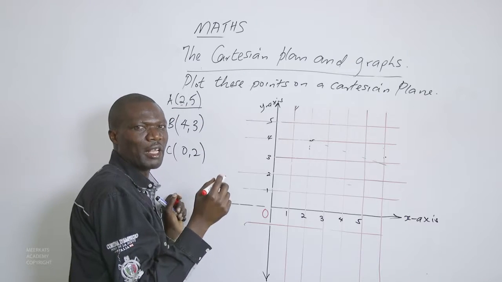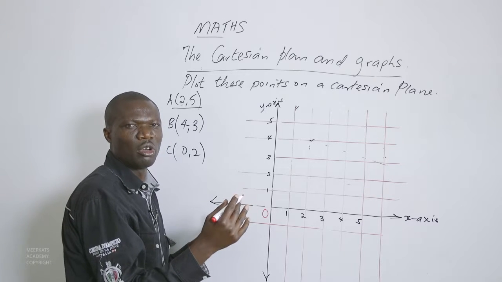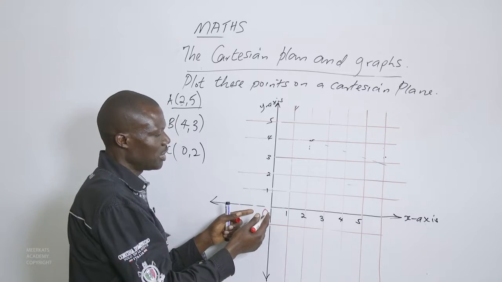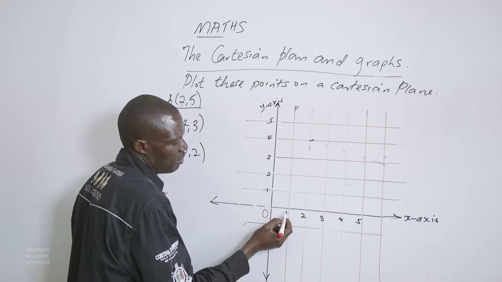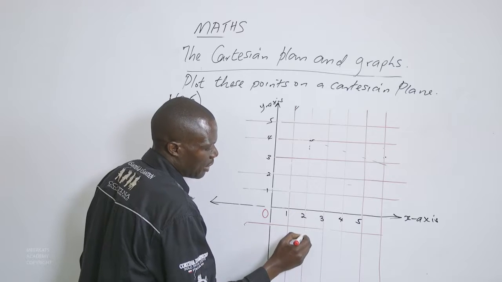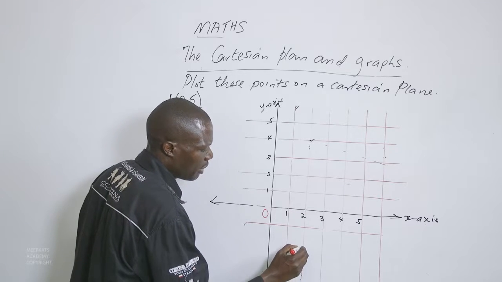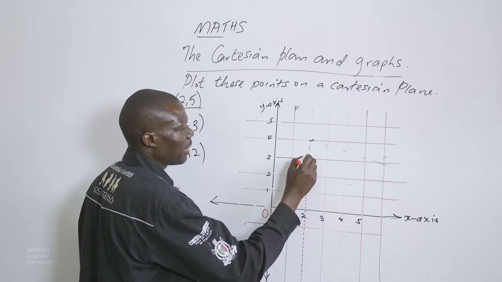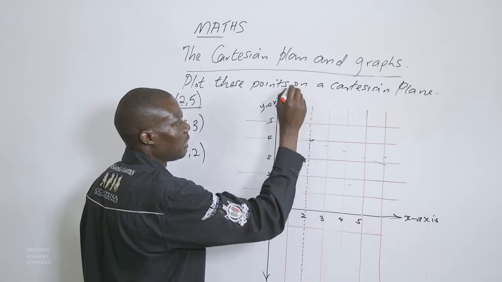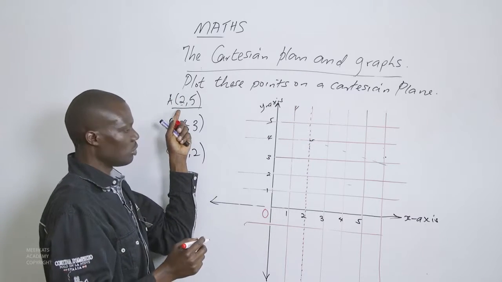It means that this point is 2 units away from the origin along the x-axis. So you move, this is 1, this is 2. You'll find that along here is where we have the value of 2. We don't know where the point will be, but it will be identified at the point of intersection. Those dots represent the 2.